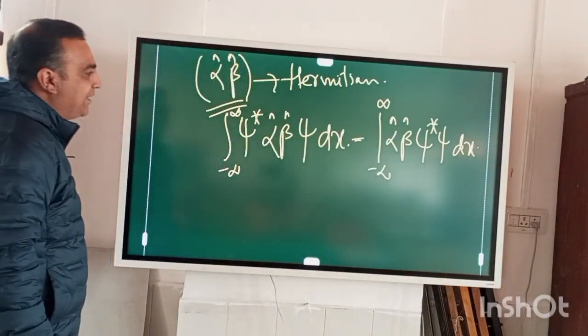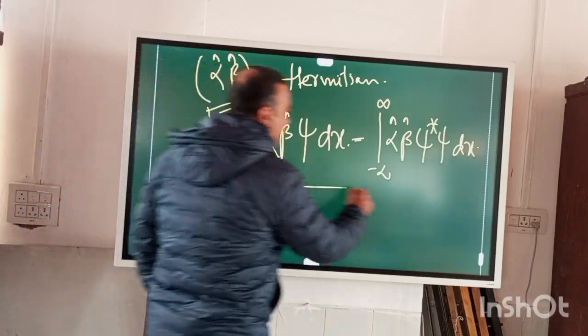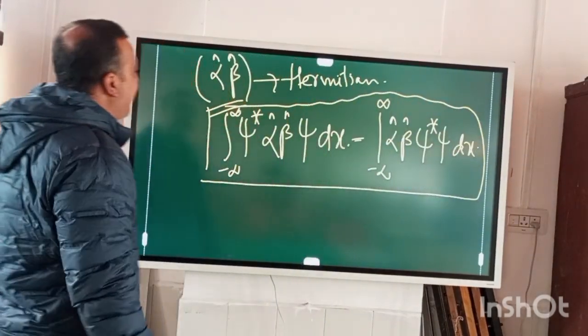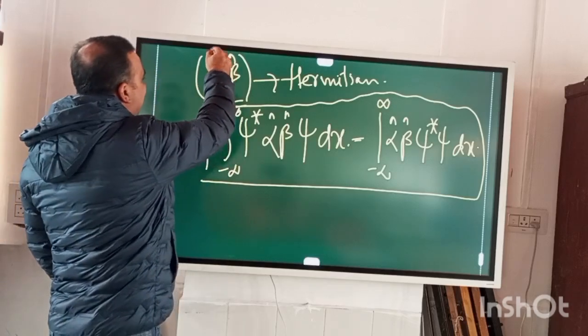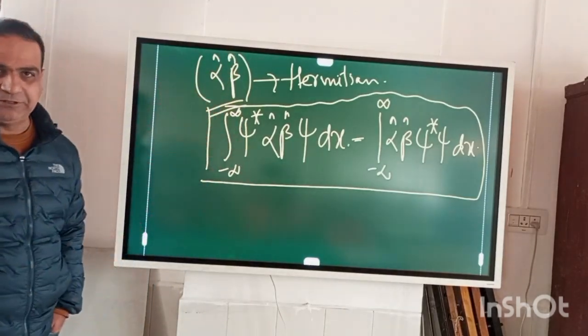All right, so if I can prove that this equation is true, then I can say that the product of alpha cap and beta cap is also Hermitian.